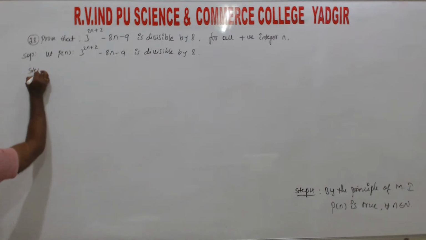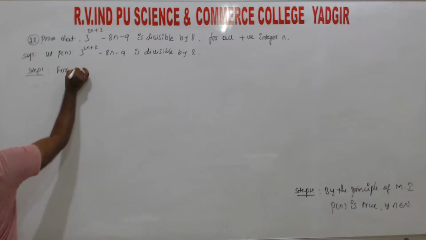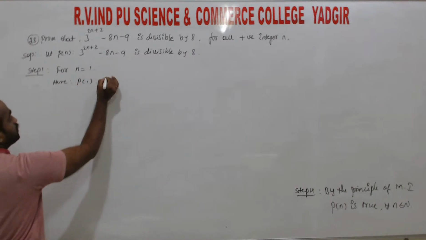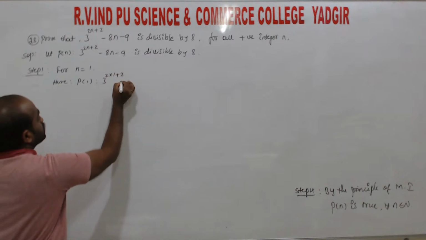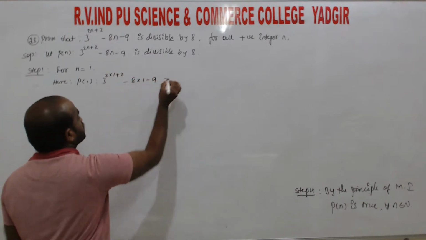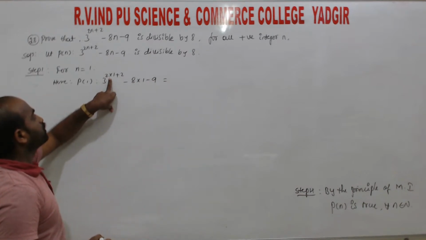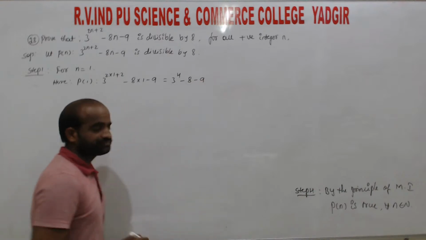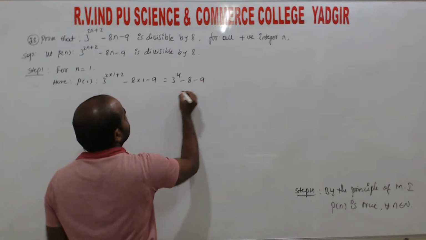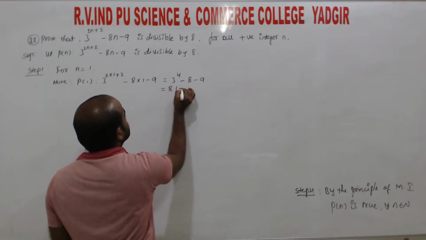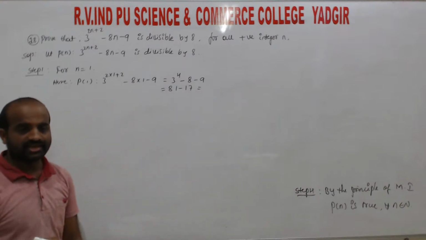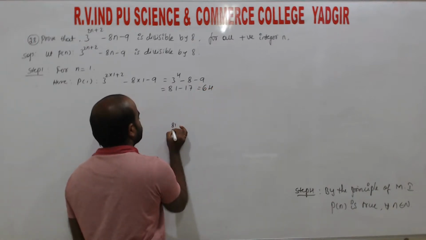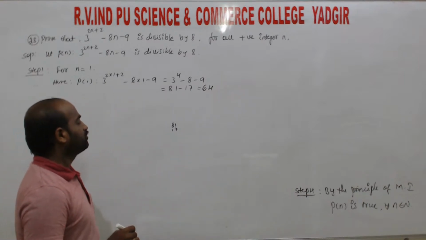For n equal to 1, P of 1 is 3 to the power 2 into 1 plus 2 minus 8 into 1 minus 9, which is 3 to the power 4 minus 8 minus 9. 3 to the power 4 is 81. 81 minus 17 is 64.